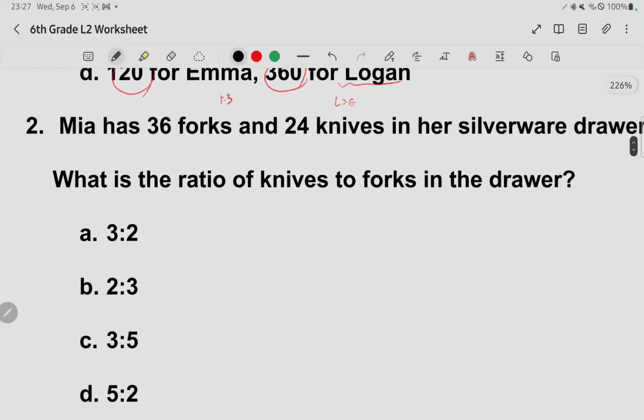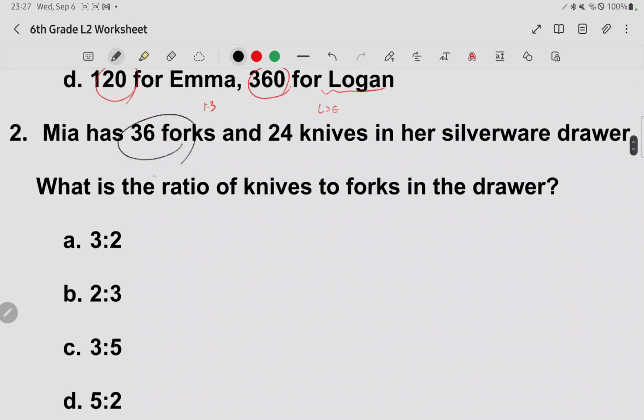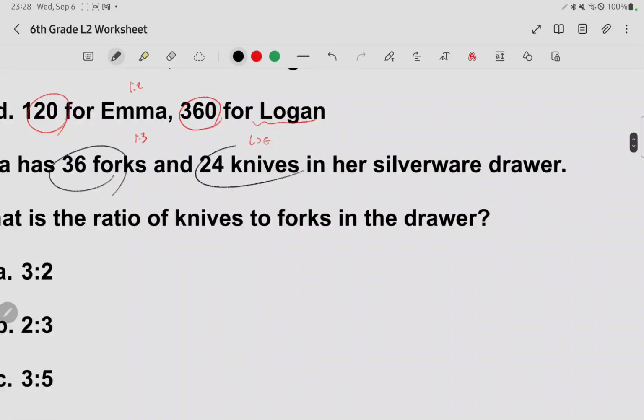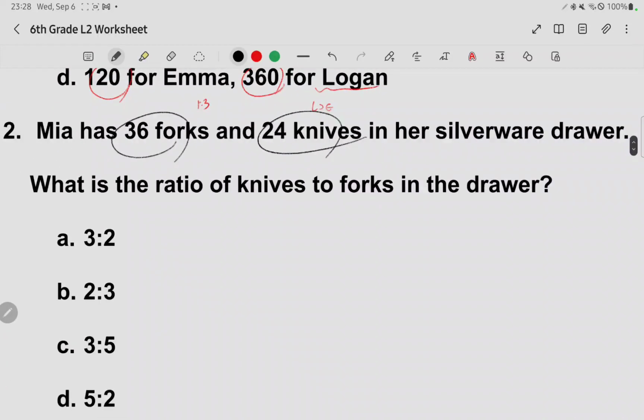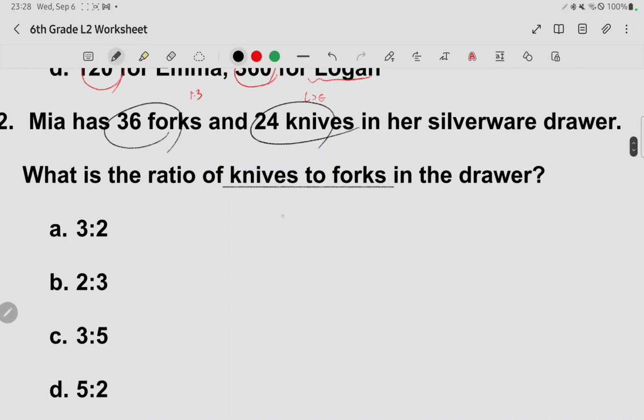Okay. Number 2, Mia has 36 forks and 24 knives. And what is the ratio of knives to forks? Okay. So she got 24 knives, and then you put a colon.